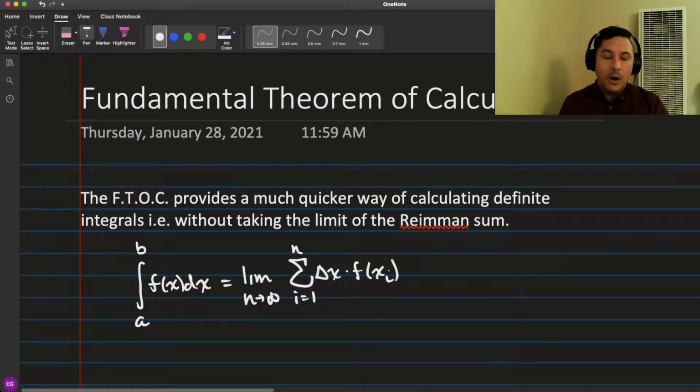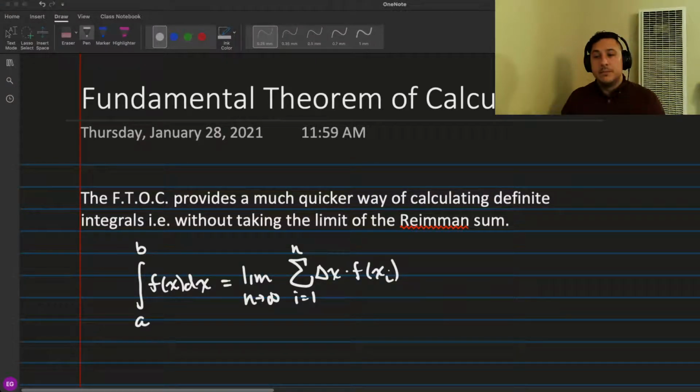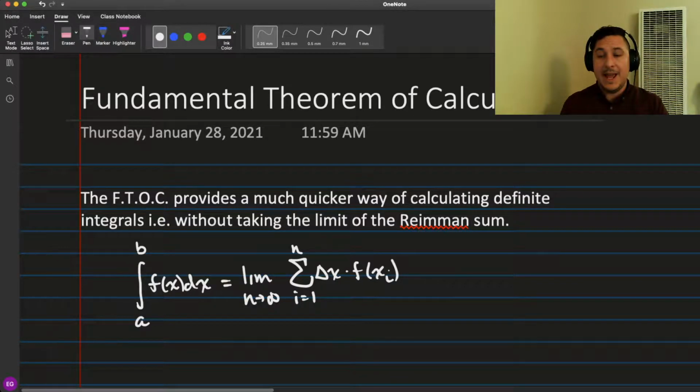Or if you're lucky, you have a super simple shape and you can just look at the graph and use some sort of formula. There's actually a way easier way to do this, and it involves the antiderivative.